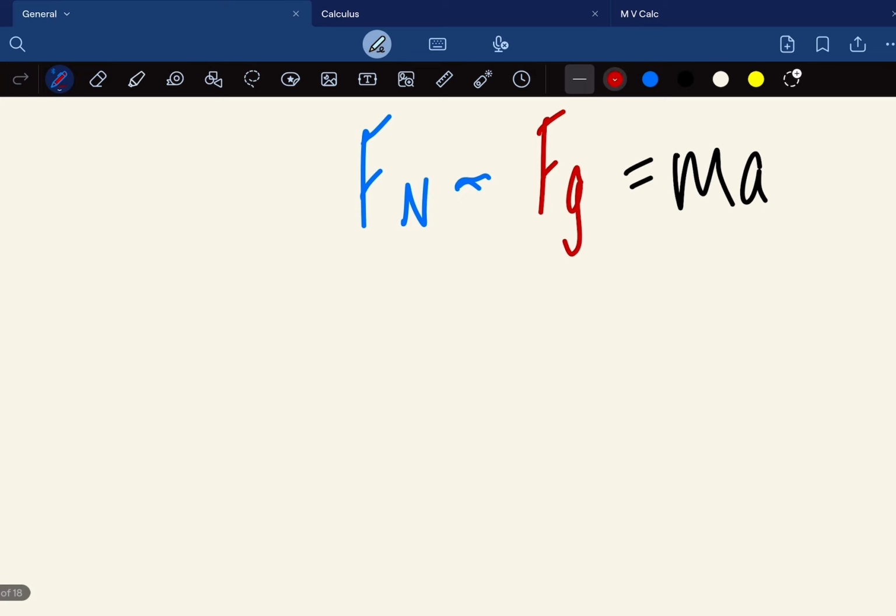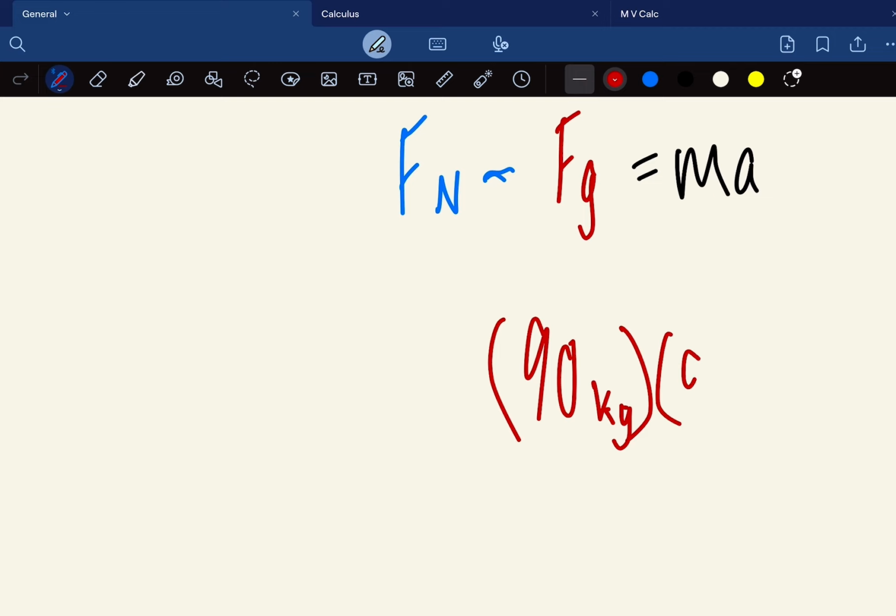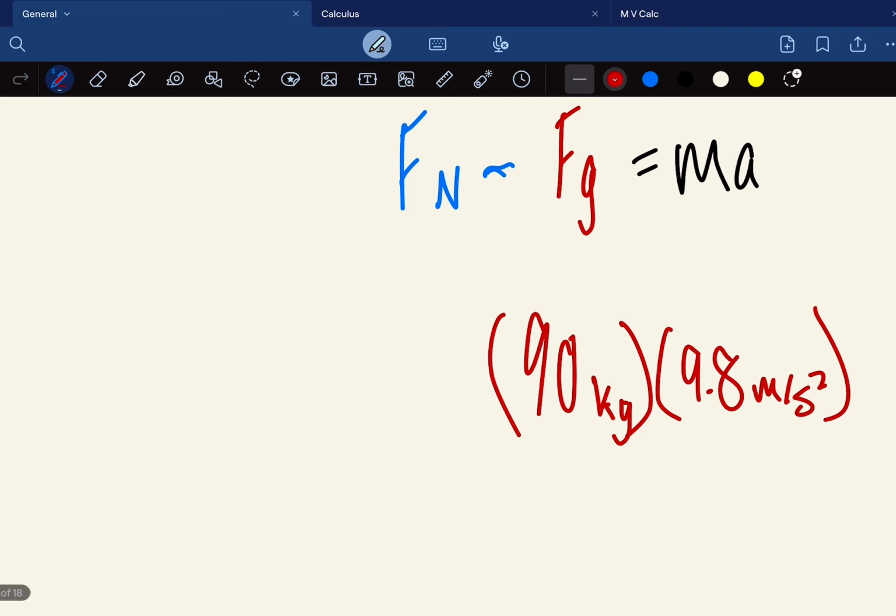And we know that Fg is just mg. And we know that m is just 90 kilograms and g is just 9.8 meters per second squared. So we're going to write 90 kilograms times 9.8 meters per second squared.